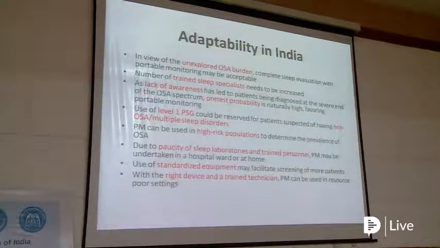Then what is the adaptability of portable monitoring in India? In view of the unexplored OSA burden, complete sleep evaluation with portable monitoring may be acceptable. The number of trained sleep specialists needs to be increased. A lack of awareness has led to patients being diagnosed at the severe end of the OSA spectrum, so pre-test probability is naturally high, favoring portable monitoring.